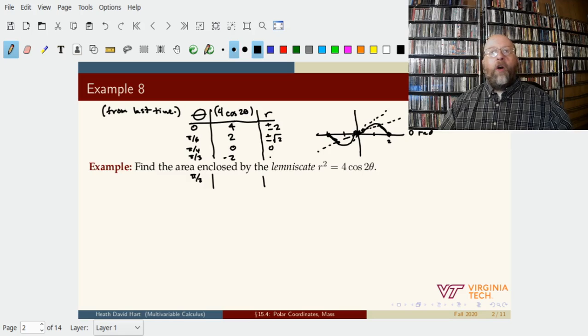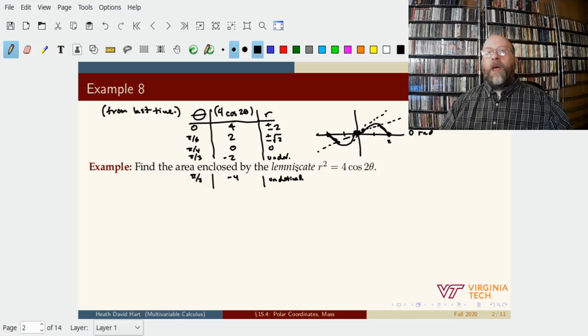And r is undefined because we can't take the square root of -2. When theta is pi over 2, we get -4, and that's undefined. In fact, we get undefined radii all the way until we start working back into quadrant 4.